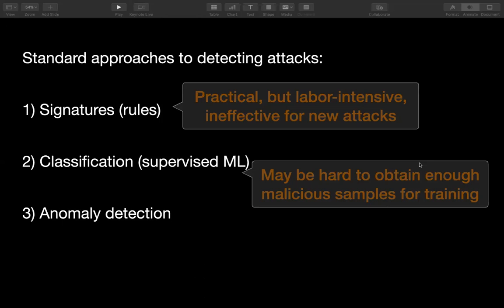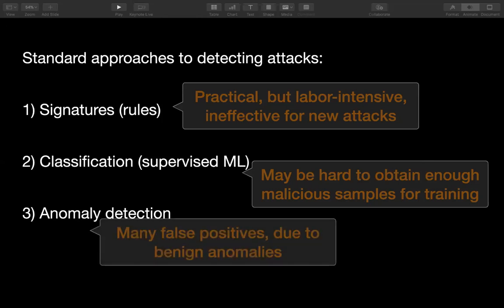Finally, anomaly detection has the benefit that you don't need any samples of malicious behavior. Anomaly detection works by characterizing benign behavior. You take lots of data about benign behavior and detect what's normal among benign behavior. But it seems to have had very little adoption in practice.